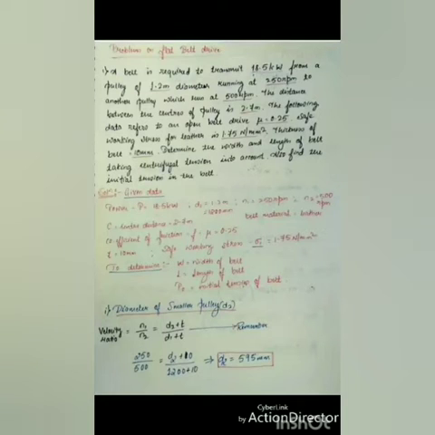It is advised to go through the theory part, where we discussed this in detail. Using this relation, N1 by N2 equal to D2 plus T by D1 plus T, you can find the diameter D2 as 595 mm. This is the smaller pulley diameter, less than 1.2 meter, that is D1.